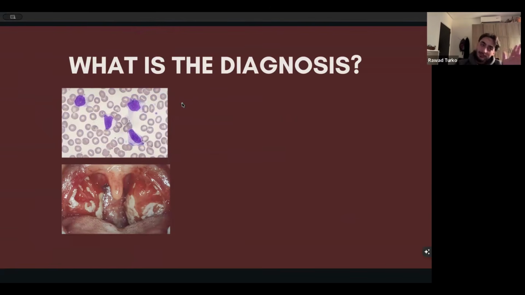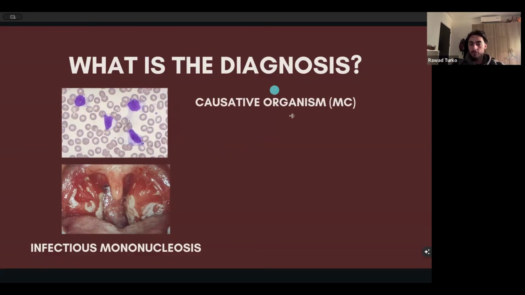Perfect. So this is specifically infectious mononucleosis that could be caused by EBV. I don't want you to get too confused. Infectious mononucleosis could be caused by EBV, which is the most common cause, or it could be caused by CMV. It could be caused by a lot of different viruses and infectious pathogens. Okay, but you're right. The most common causative organism is Epstein-Barr virus, EBV.